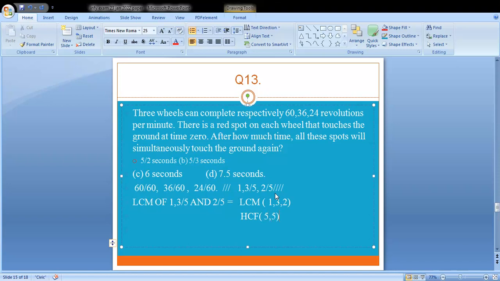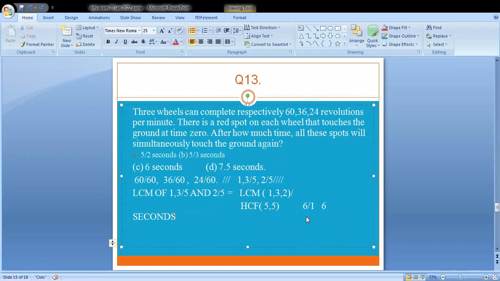So if we want the LCM of fractions, we have to take the LCM of the numerators by the HCF of the denominators. Therefore, the LCM of 1, 3, 2 is 6, divided by HCF, which is 1, that is equal to 6 seconds. That is the answer.